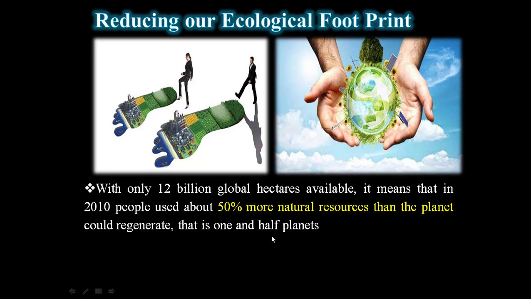That is 1.5 planets. That is the statistical report related to 2010. They had already used the available natural resources by 50%. According to the statistical report of 2010, they required 1.5 planets.